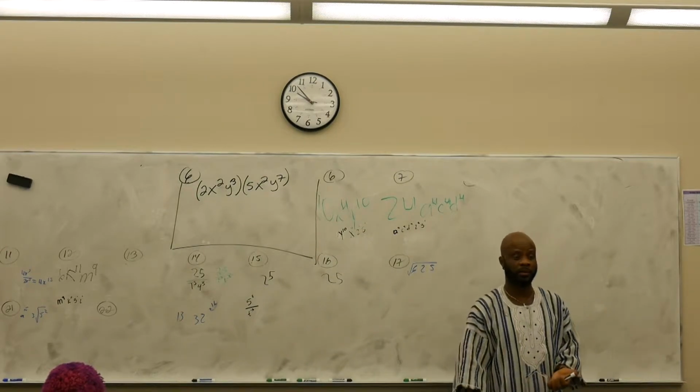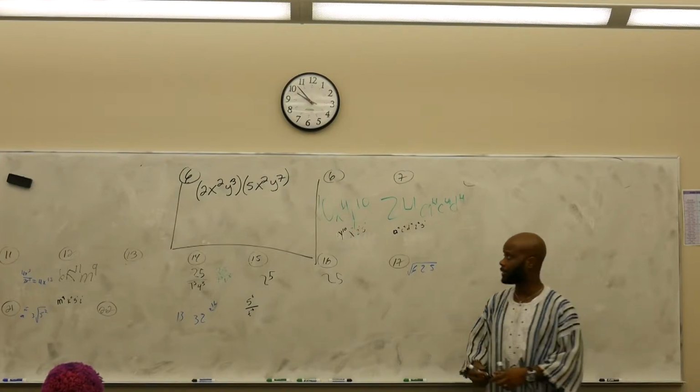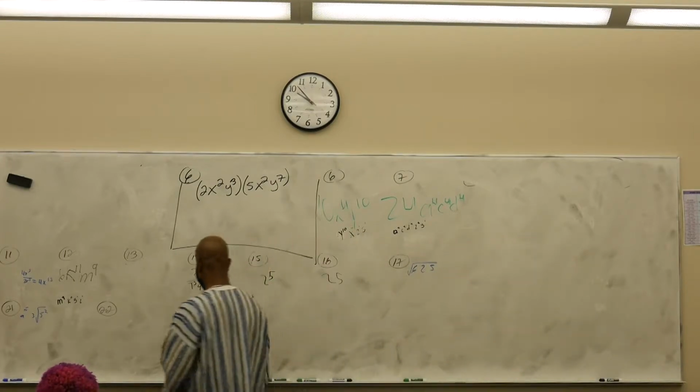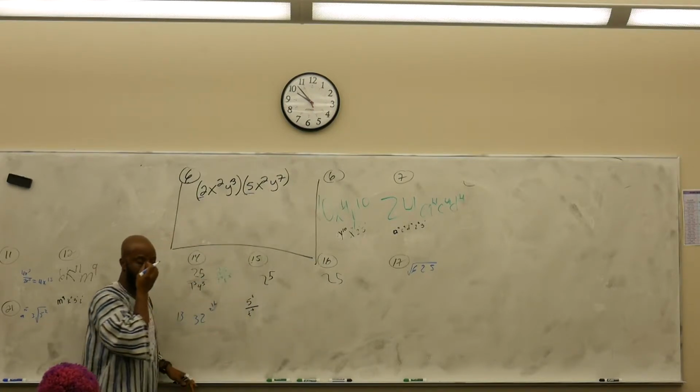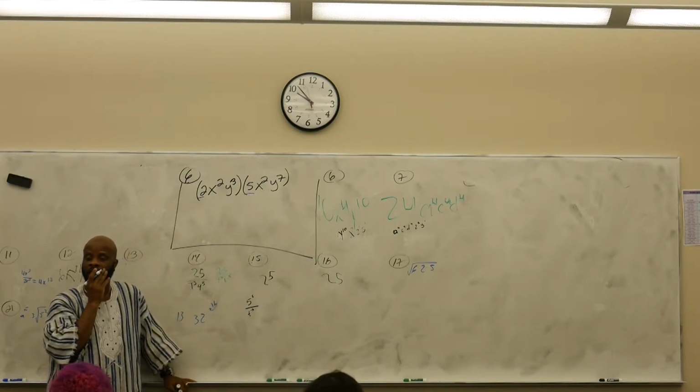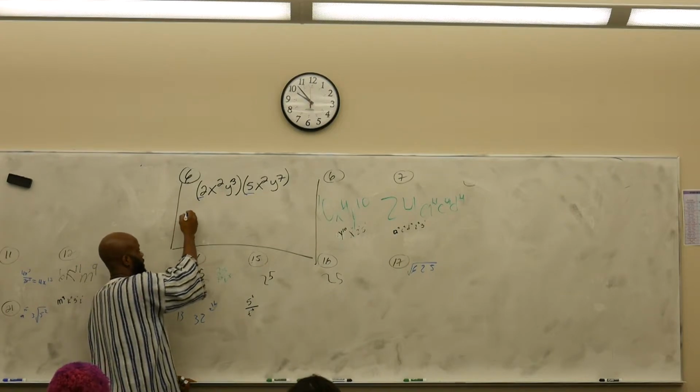So we're multiplying, right? Okay. So let's collect like terms. The 2 and the 5. What's 2 times 5? Alright, we can write that 10.